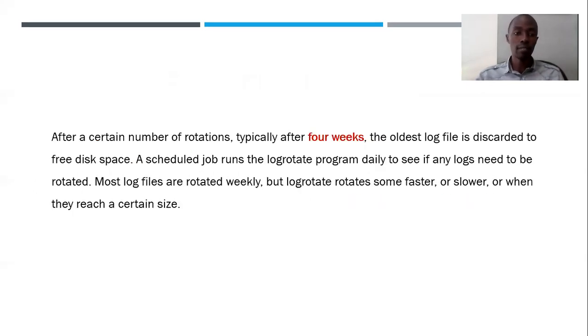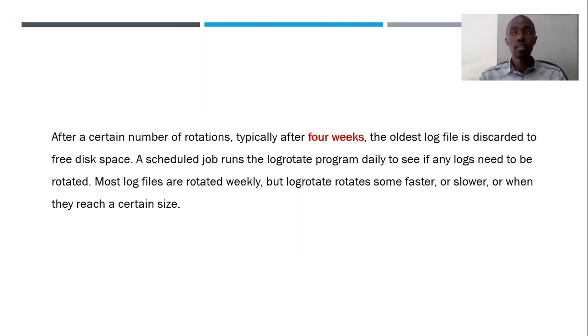After a certain number of rotations, typically after 4 weeks, the oldest log file is discarded to free disk space. A scheduled job runs the logrotate program daily to see if any logs need to be rotated. Most log files are rotated weekly, but logrotate can rotate some faster or slower, or when they reach a certain size.